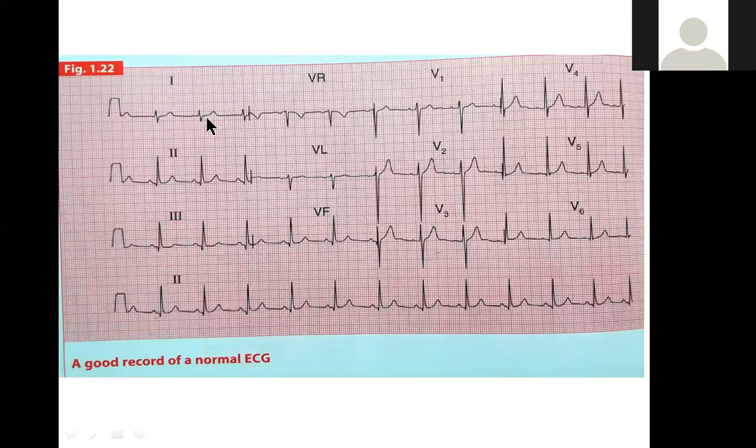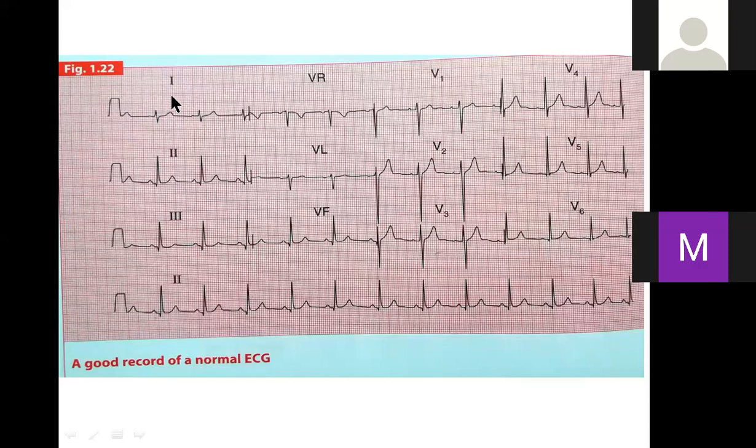So the rule is that when the current is flowing towards the positive of a lead, the positive deflection will come in the ECG tracing. And when the current is flowing away from the positive pole of the lead, the deflection will be downwards.